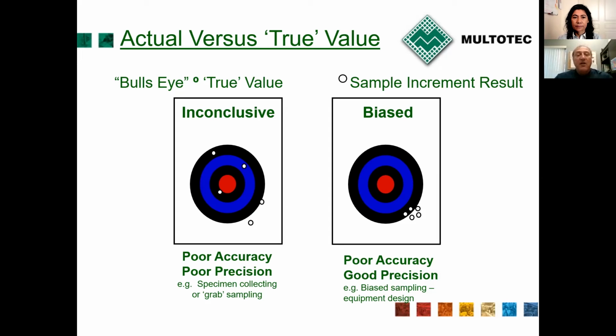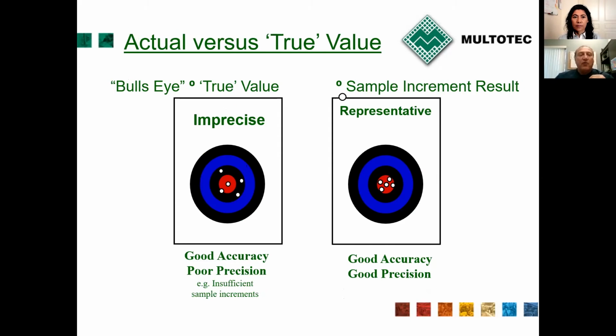Therefore, you have good precision, which means that you have eliminated some of the errors that people can make by handling it and so on, but you are still far away from the accuracy that we're targeting. Being accurate but not precise means that sometimes you get the true value of what you have in your ore, but you are not able to reproduce it efficiently.